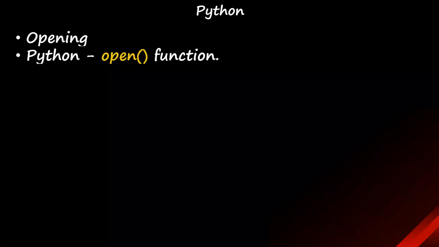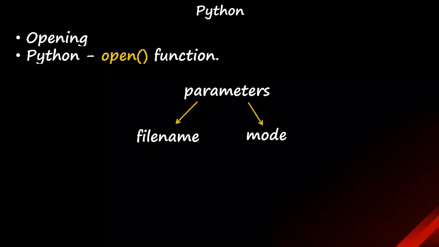Python provides libraries, functions and modules for doing such kinds of operations. The open function is useful for opening a file. You need to provide parameters in the open function. So what are the parameters? First is the file name and second is the mode.